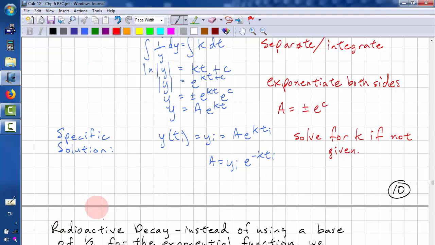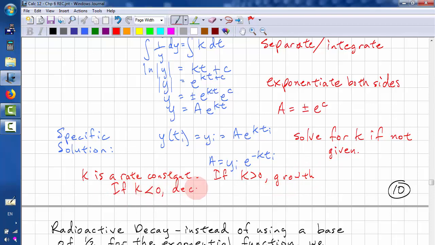Okay, some notes here. k is a rate constant. If k is greater than 0, this is a growth problem. If k is less than 0, it's a decay problem.